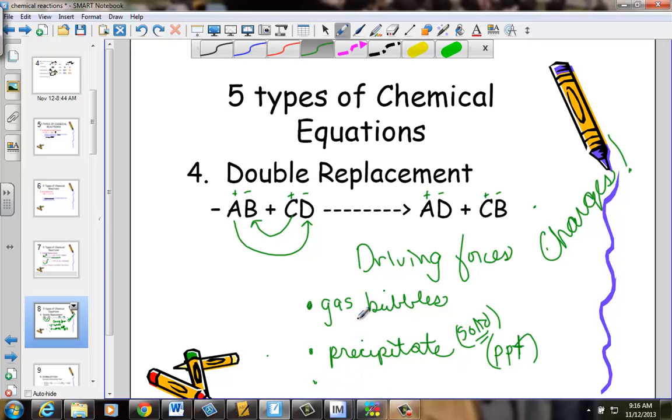One of the observations, gas bubbles might form. The second observation is precipitation, and very unique to an acid-base neutralization will make a water molecule, H2O. An acid-base neutralization is a third driving force.